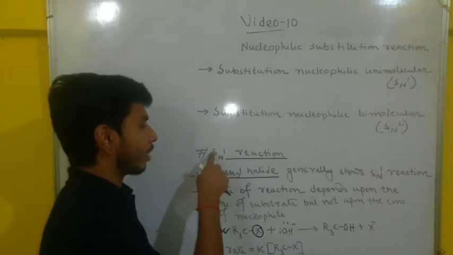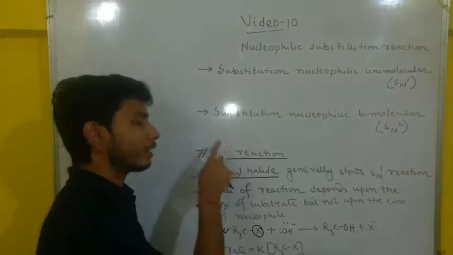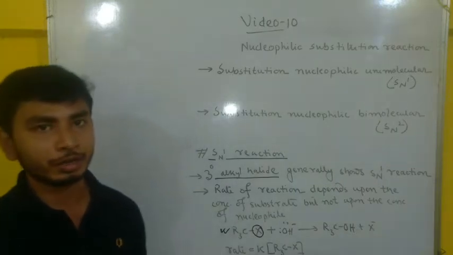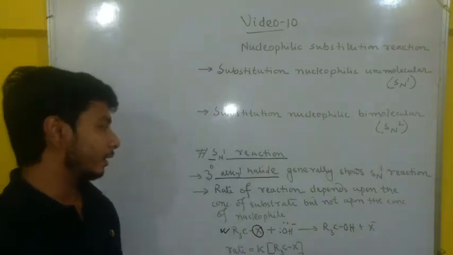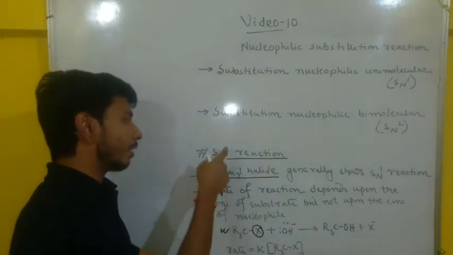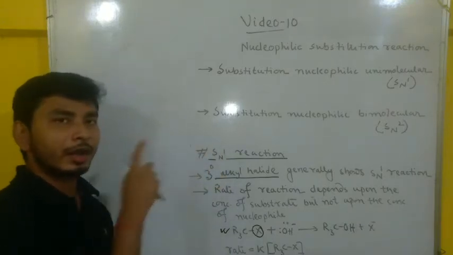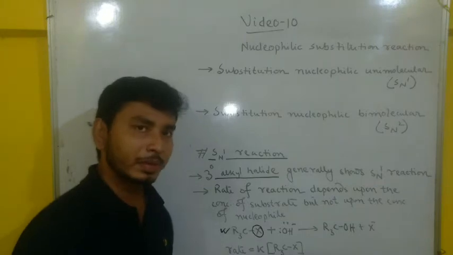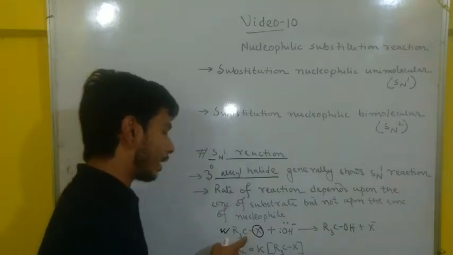That's why it is called SN1. One means it is unimolecular. That is, rate depends upon the concentration of one species, and that species is alkyl halide.